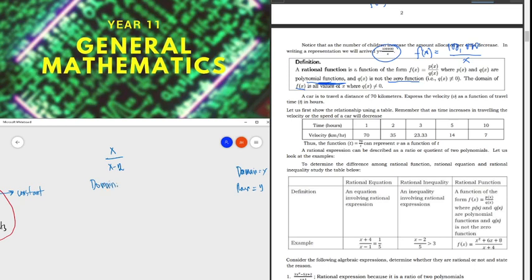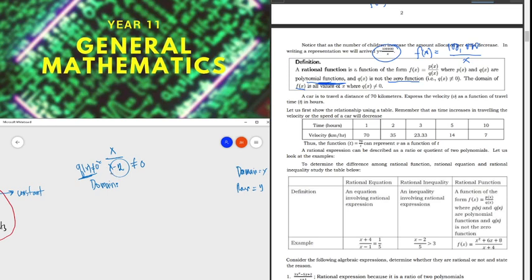The domain is what number can you substitute to x? Be sure that the q of x should not be equal to 0, or the denominator should not be equal to 0.